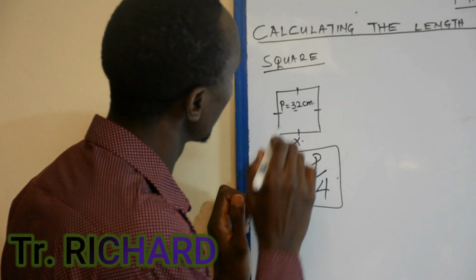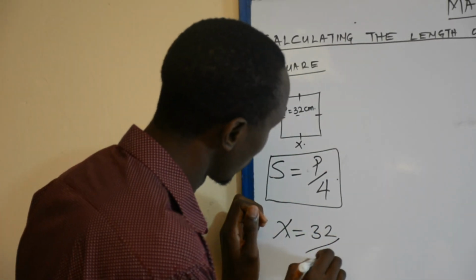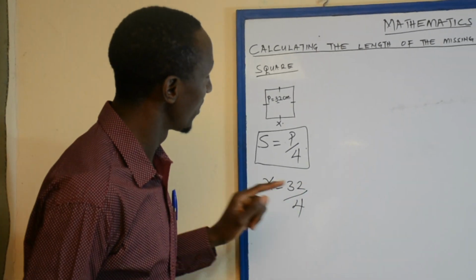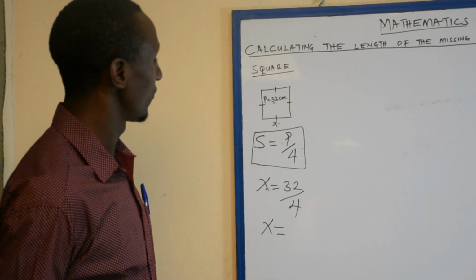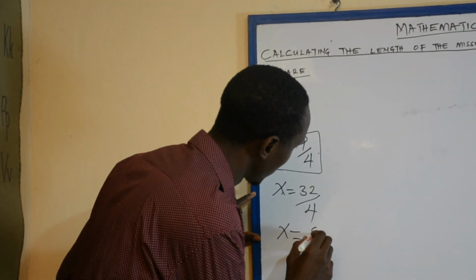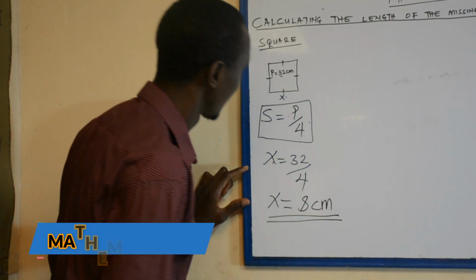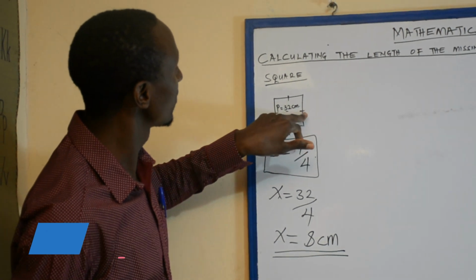Perimeter they have given it here as 32, over 4. So you just divide 32 divided by 4 and you get x. X is equal to 32 divided by 4, you get 8 centimeters. So this is the value of this side. Likewise this and this.